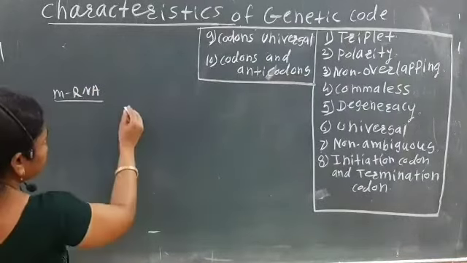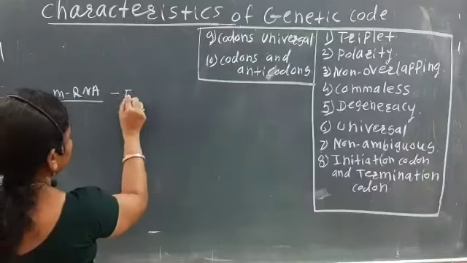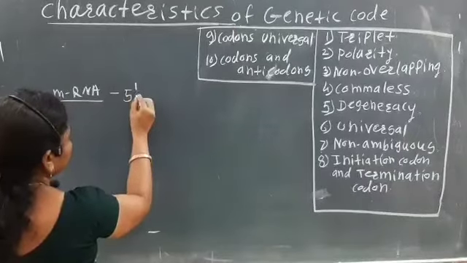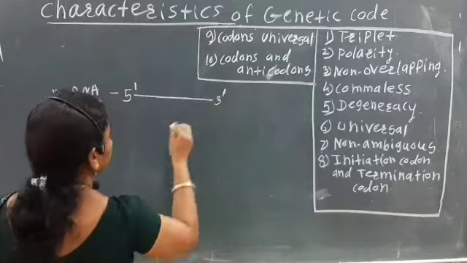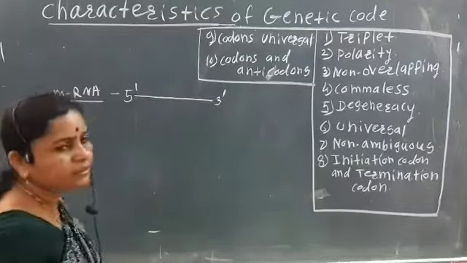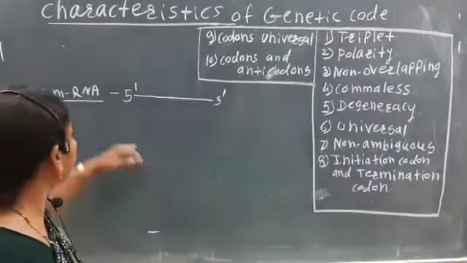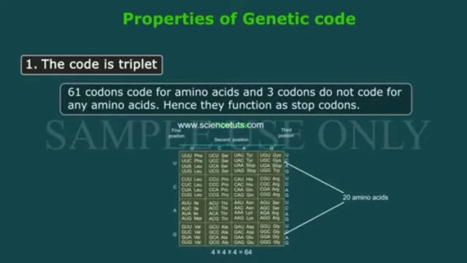If we read the genetic code, it is read from the 5 prime end to the 3 prime end. Characteristic 1: The code is triplet. 61 codons code for amino acids and 3 codons do not code for any amino acids.